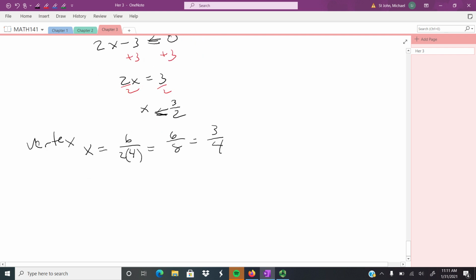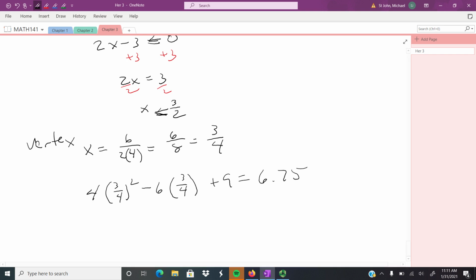And then the y-coordinate is going to be 4 times 3/4 squared minus 6 times 3/4 plus 9, which will be 6.75.